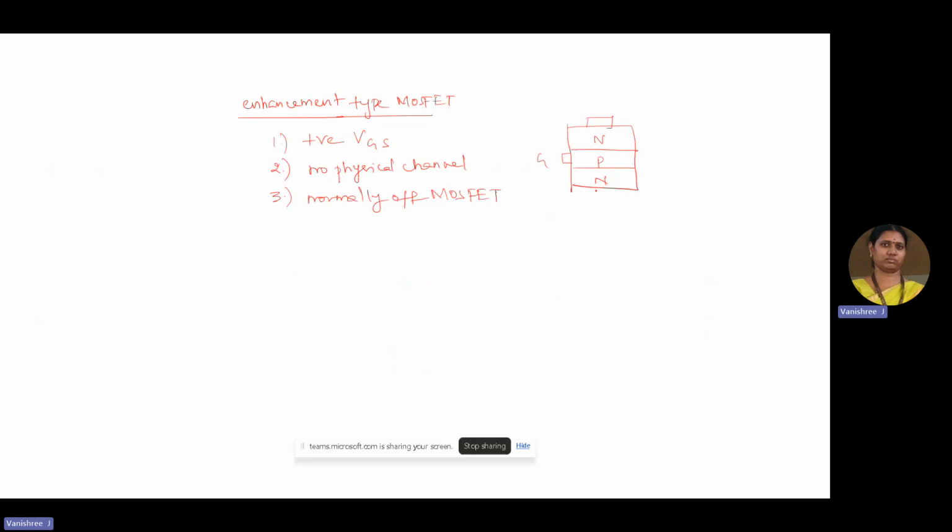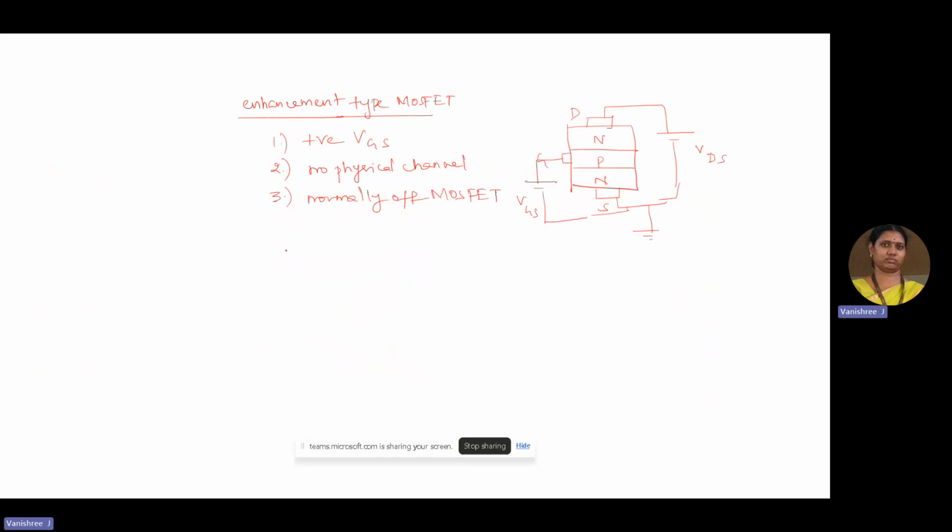So gate terminal, source terminal, drain terminal. And this is how it is connected. So this is the drain and source voltage, and this is the gate and source voltage. So the substrate is extended throughout and it works only for the positive gate voltage.